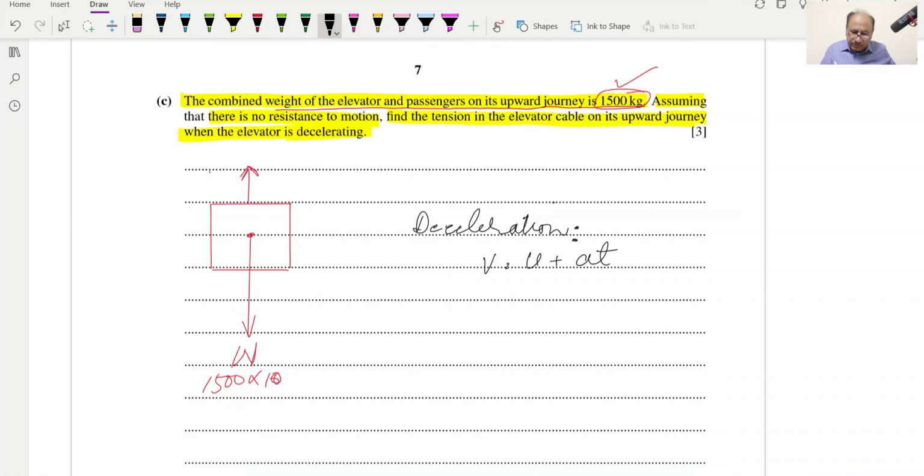The final velocity V will be 0 because at the top it will stop, and the initial velocity is U, plus A into T, where T is 1 second. So A will be equal to minus 2 meters per second squared. This is the deceleration which we calculated.